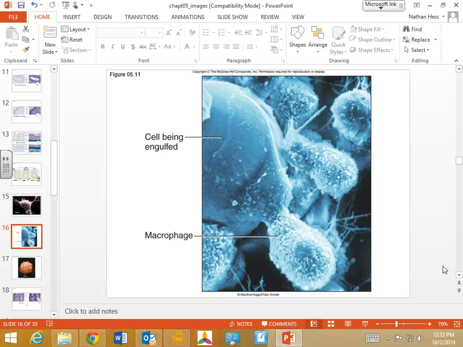Have you heard of histamine before? You've heard of antihistamines. What do we use antihistamines for? Allergies. So histamine is your body's response to an allergen, to something that it doesn't recognize and wants to get rid of. The mast cells are what produce that. Antihistamines would shut down the production of the heparin or the histamine.